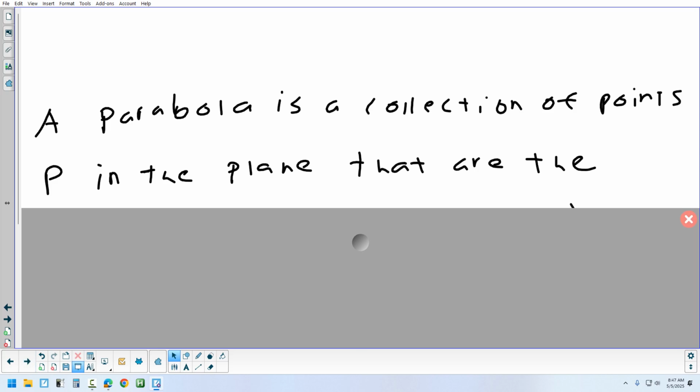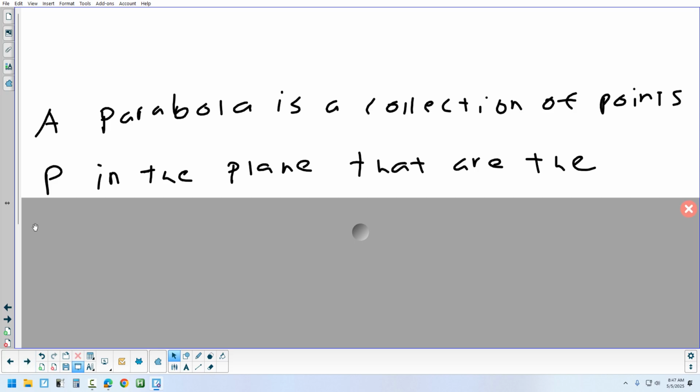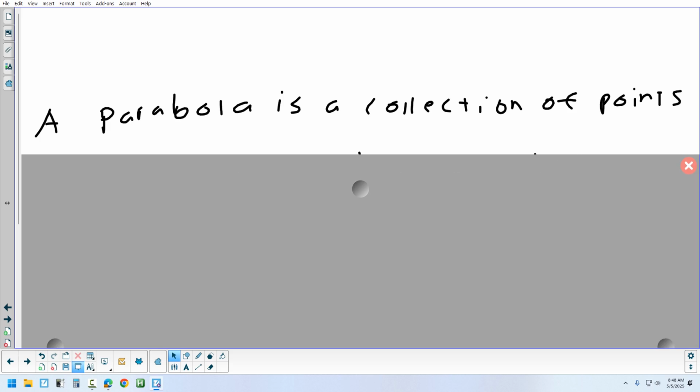So we're going to start with the parabola. For each conic that we work with, I'm going to start with a definition, and then I've got a program where I can show you in a more interactive way how that works. If I was going to define a circle, just because I think this one is easier for everyone to relate to, I would say a circle is a collection of points that are all equidistant from a single point.